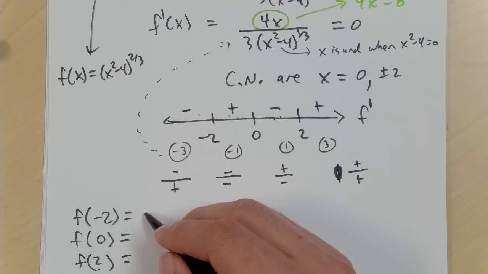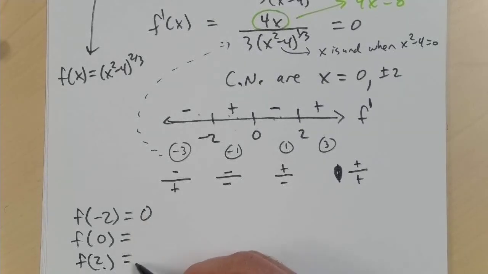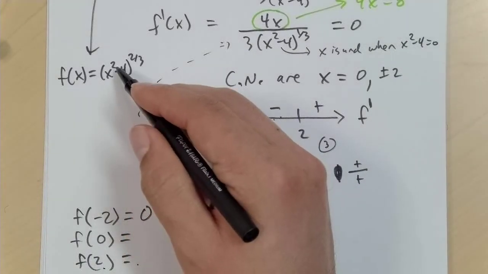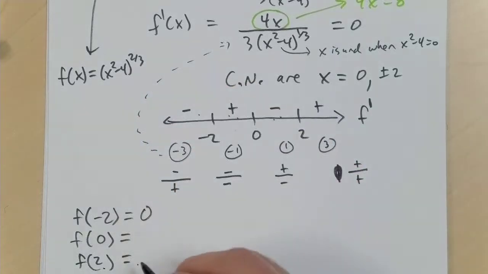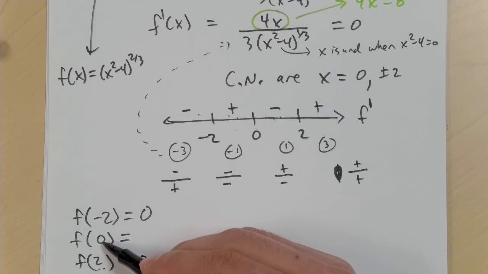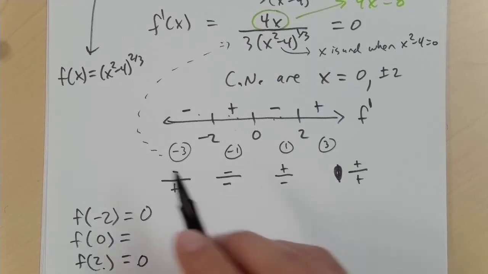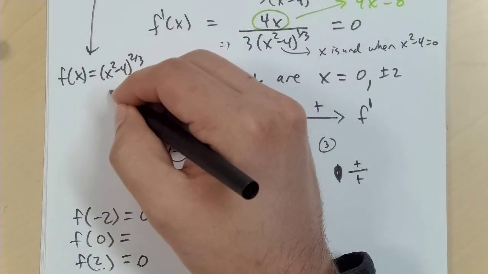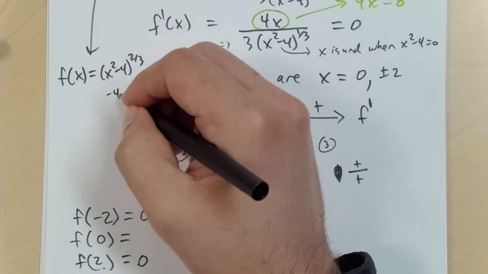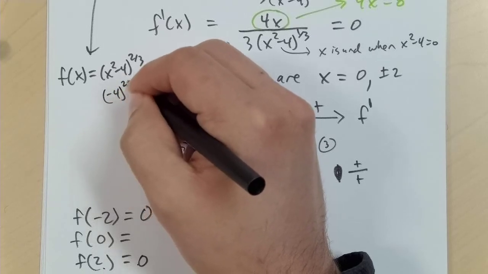Cube root it, 0, squared, 0. Same thing's going to happen here. 2 squared minus 4 is 0. 2/3 exponent doesn't change anything. But now if I plug in 0, okay, you're going to get -4 to the 2/3.